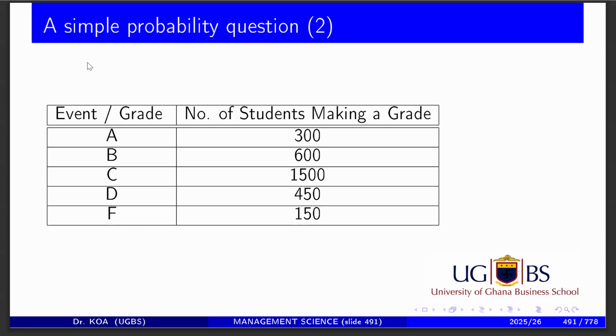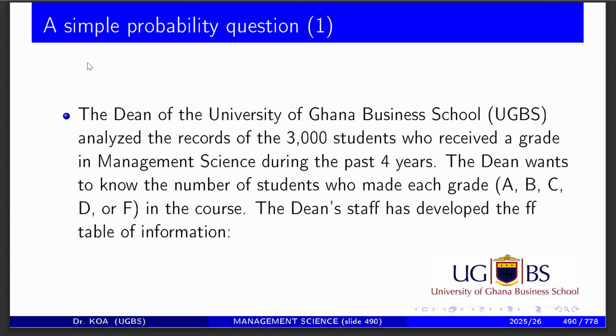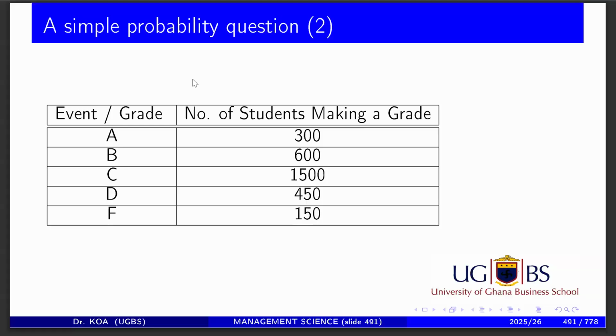The probability will be a fraction: 300 divided by the total number of students, which is the sum of 300 plus 600 plus 1,005 plus 450 and so on, or 3,000. Very good. So that's it.